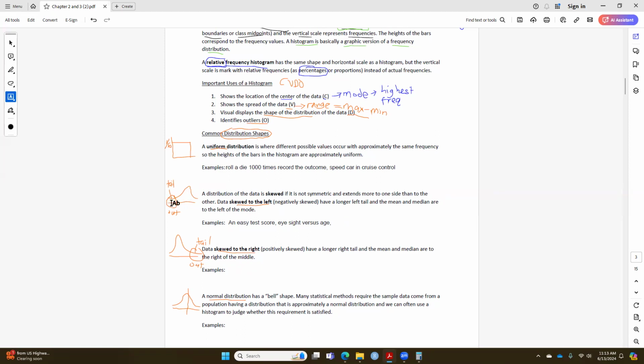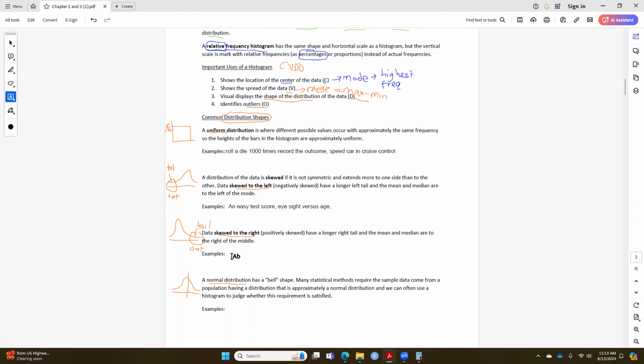But there are still some young people who have bad eyesight, right? Not a lot, but the majority will be those who are getting old. The eyesight or your bone structures or your teeth or whatever you want to call will get bad, right? So mostly the older ages will have more. So this is kind of a skew to the left type.